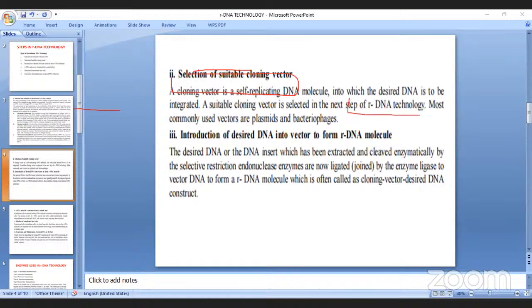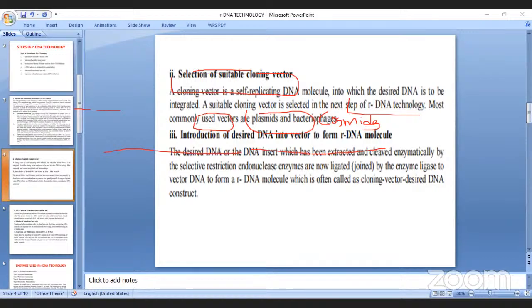The most commonly used vector is the plasmid. I already told you the plasmids are the most appropriate vectors, and bacteriophages and also cosmids can be used. Next, introduction of desired DNA into vector to form rDNA molecule. Third step, introduction of desired DNA.